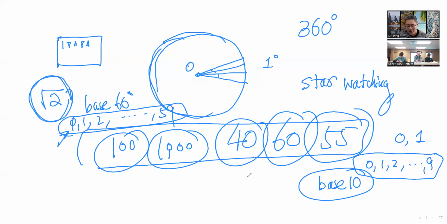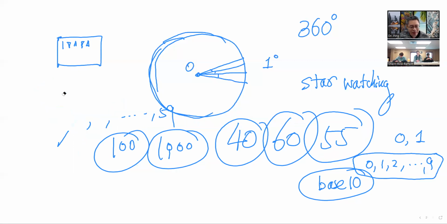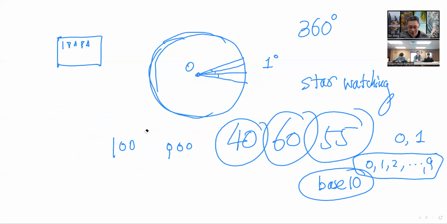It's very interesting, and so far I don't think anyone has figured out why they used this system. But because of it, today we do have that base 60 system. Can you think about it?